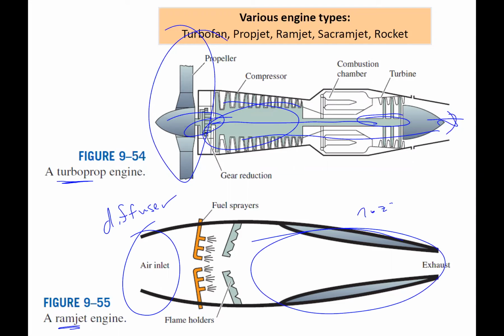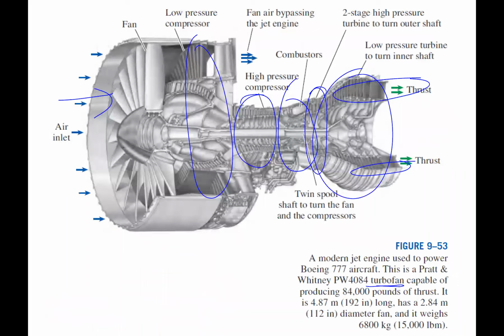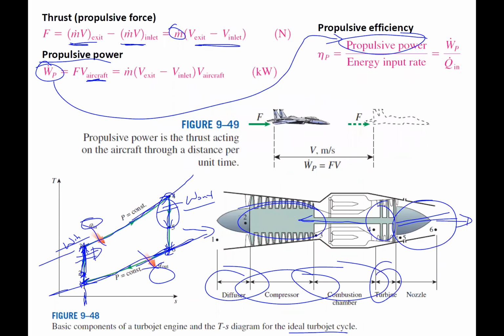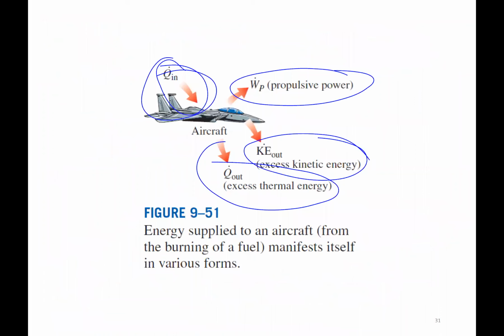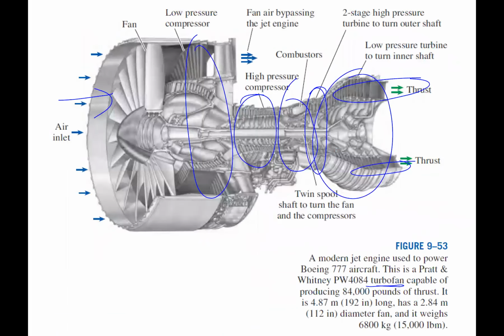So it's basically doing all of our cycle here, where we have 1 to 2 through the diffuser, and 5 to 6 through the nozzle. It's basically doing the cycle this way. Okay, it's going 1 to 2, 2 to 5, 5 to 6, and around. So not having that section of it.